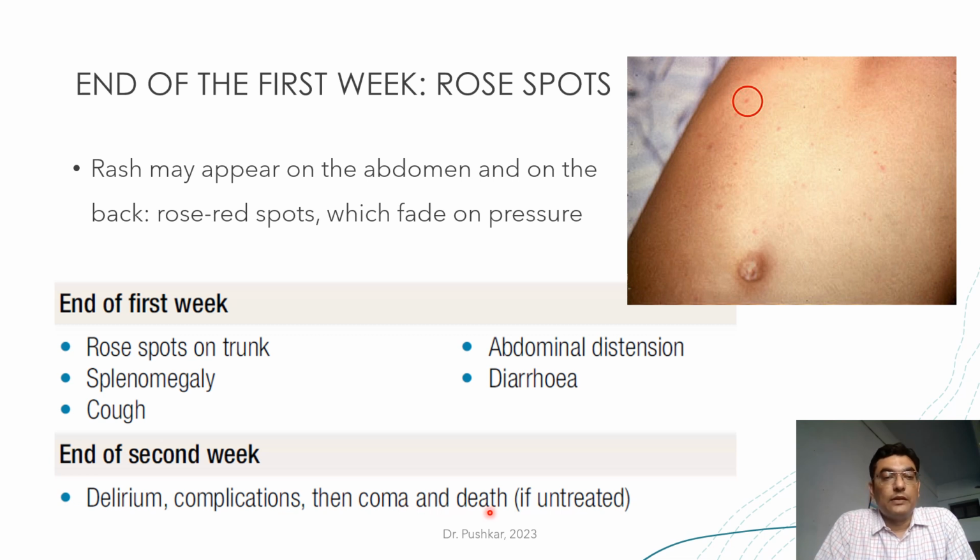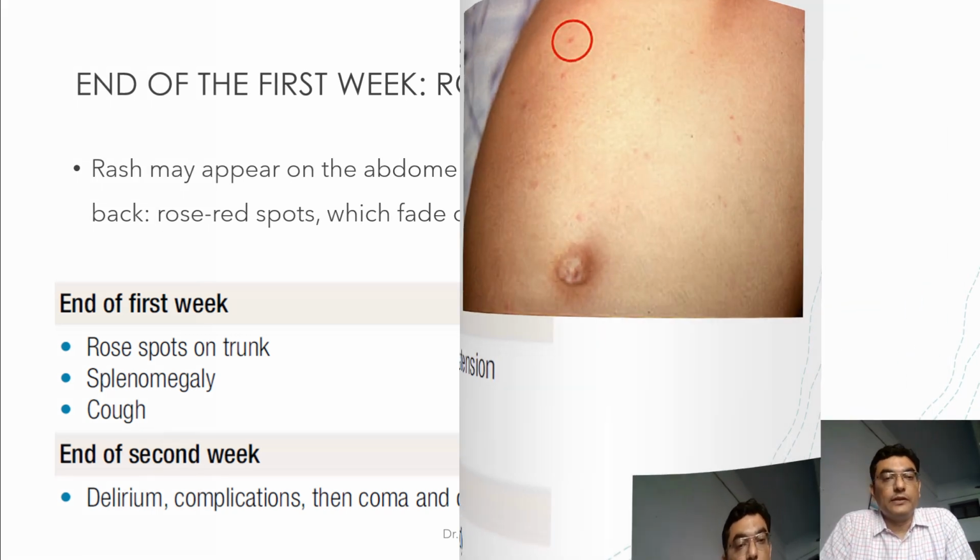So at the end of the first week, we have rose spots, abdominal distension, diarrhea, tenderness in the abdomen, splenomegaly, and cough or bronchitis, and at the end of the second week, if the patient is not treated, the patient may have delirium and many other complications.